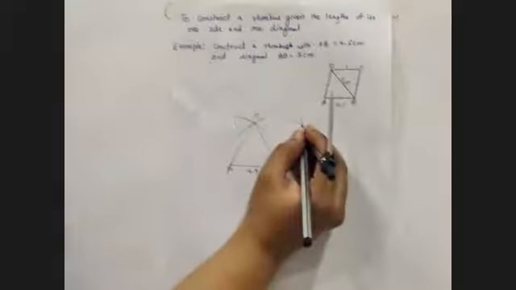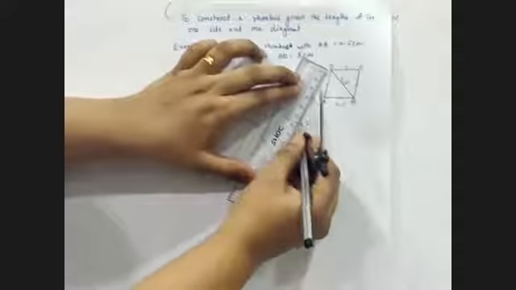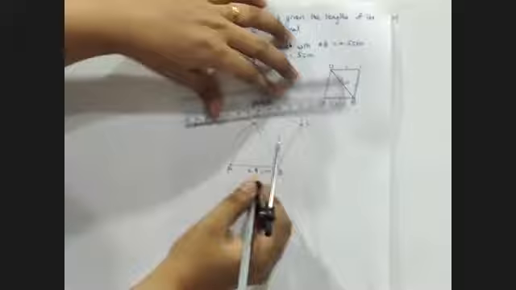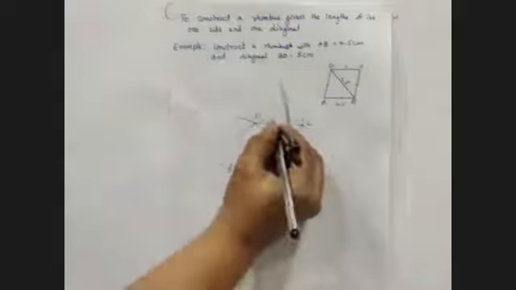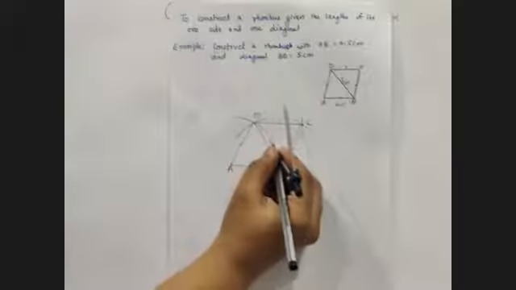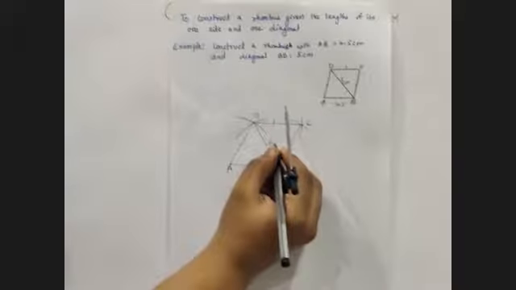So this will become my point C, that is my vertex C. And last step, we have to join all the remaining vertices. So this is my required rhombus, which has all the sides equal and the diagonal is 5 centimeter. Now let us move towards the next construction.